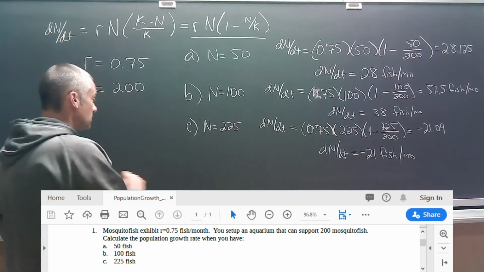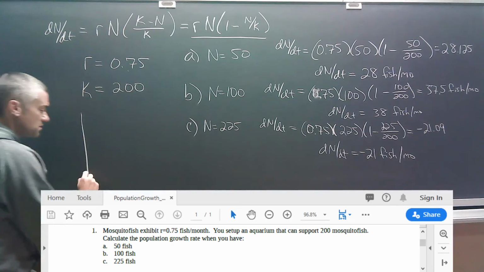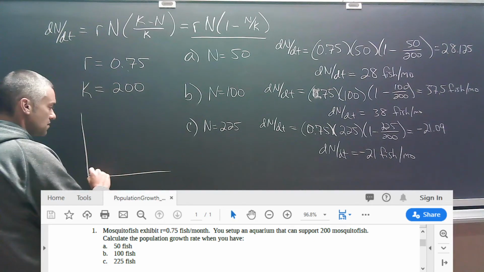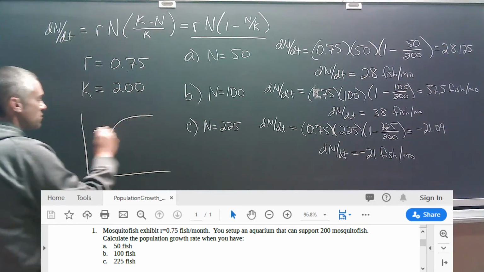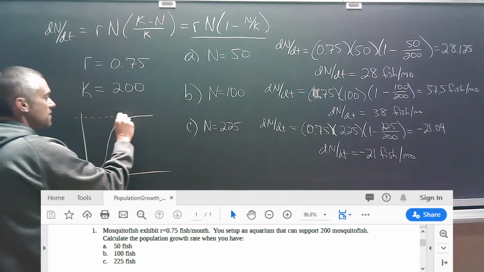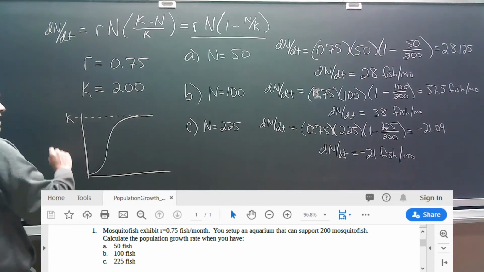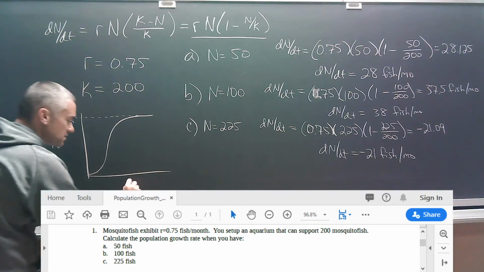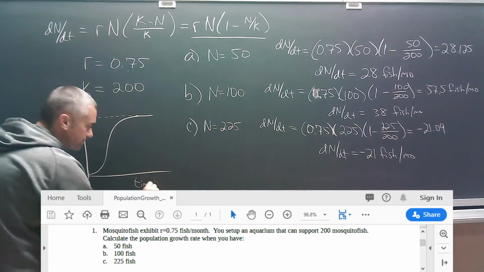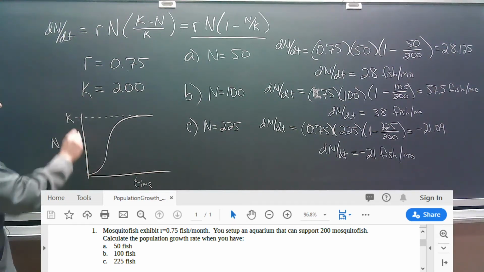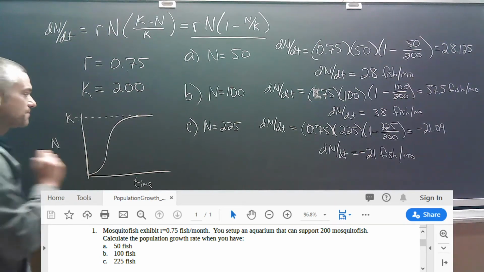If you recall, our logistic growth equation tells us the growth rates that would produce this type of growth curve, where we have our population size as a function of time, and it's going to grow all the way up to our carrying capacity.